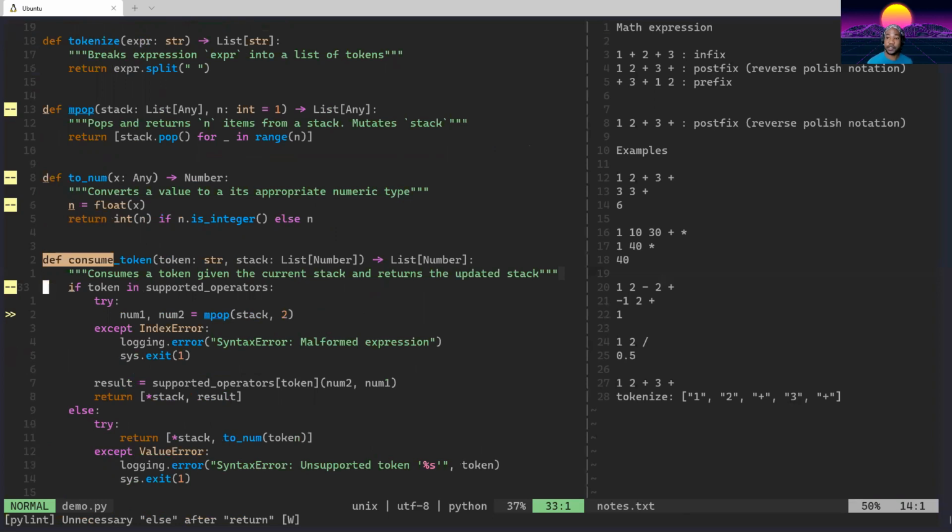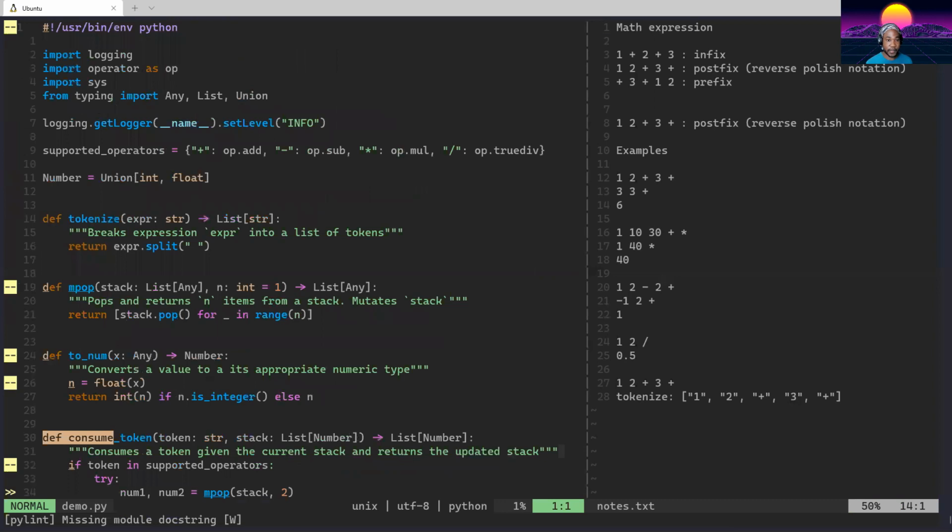If we were to write an expression that has modulo in it, or some other mathematical operator, then this would not work, right? Because it's just not part of the vocabulary of what we need to evaluate in the postfix notation expressions that we're creating.